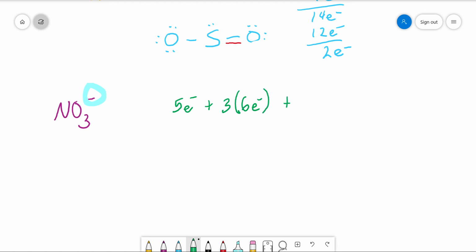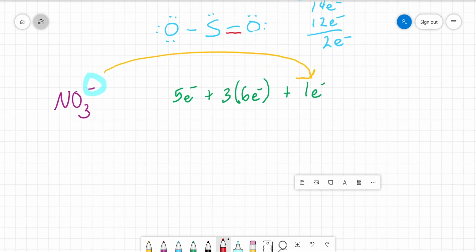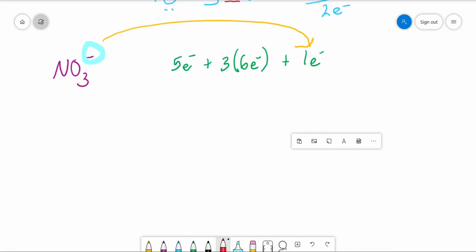And then we have 1 extra electron. That 1 extra electron comes from the charge. If this was a plus charge, like NH4 plus, we would simply remove 1 electron. Okay, so let's go through. From there, you can finish it, I'm sure. So go ahead and give it a shot now. Pause the video and work on it.